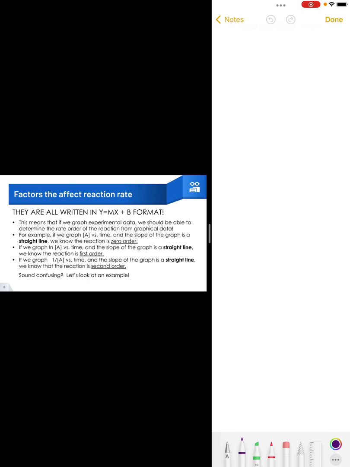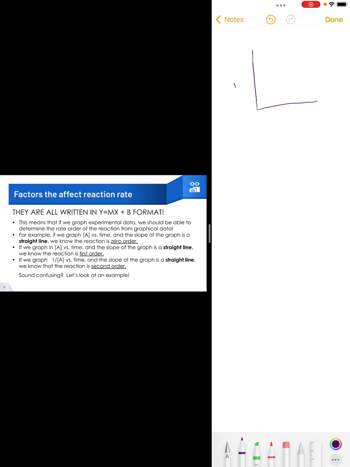If my y-axis says ln of the concentration, which is natural log of the concentration, and my x-axis is time, and it's making a straight line, it's first order. If my y-axis is 1 over the concentration, and it's still a straight line, then it's second order. On all of these, the order of the reaction is really just based on what that y-axis is.